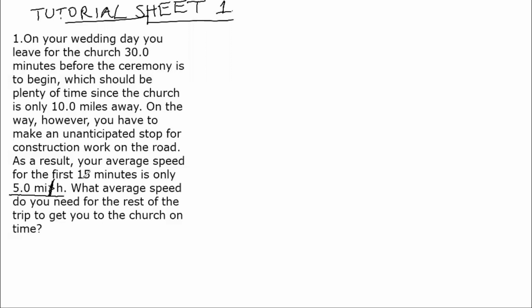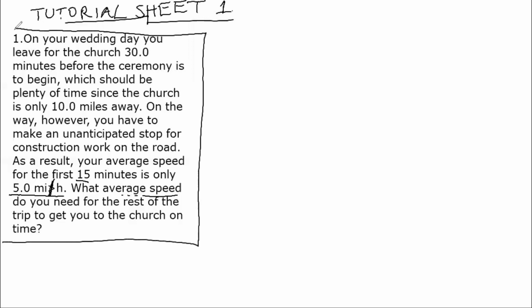This is for the first 15 minutes of the trip. On the second part of the trip, the question is: what should be the average speed at which you should drive so that you make it to the wedding ceremony in time?